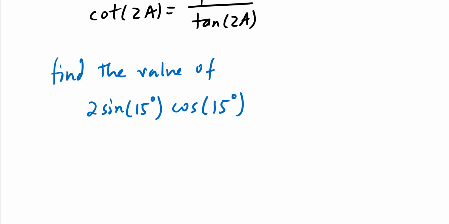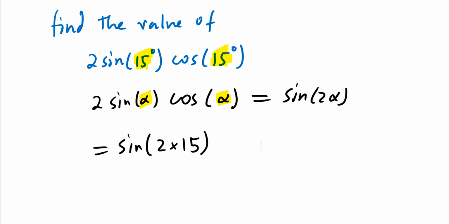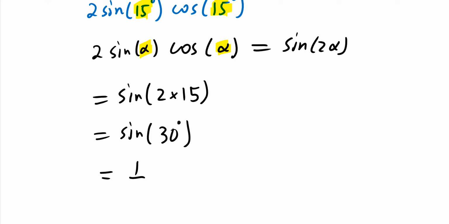Again, this looks like 2 sine alpha cosine alpha, which we know is sine 2 alpha, the formula. So alpha here is 15. This equals sine 2 alpha, so 2 times 15, and that gives us sine 30 degrees. And sine 30 degrees is 1/2. So that's what we're looking for.